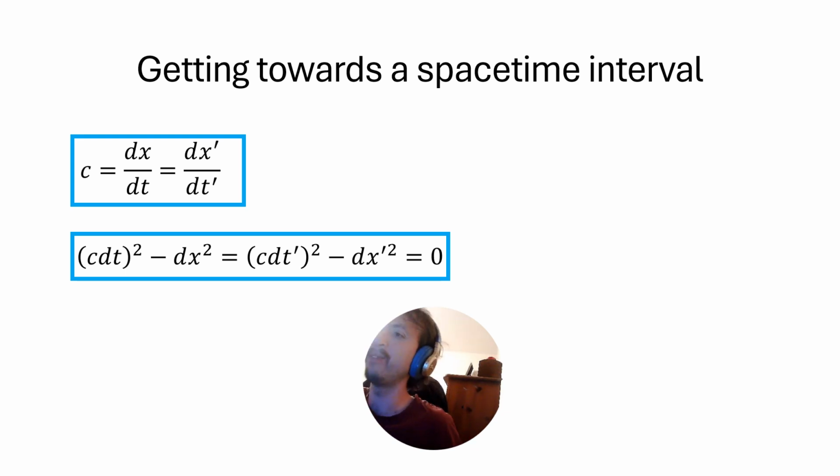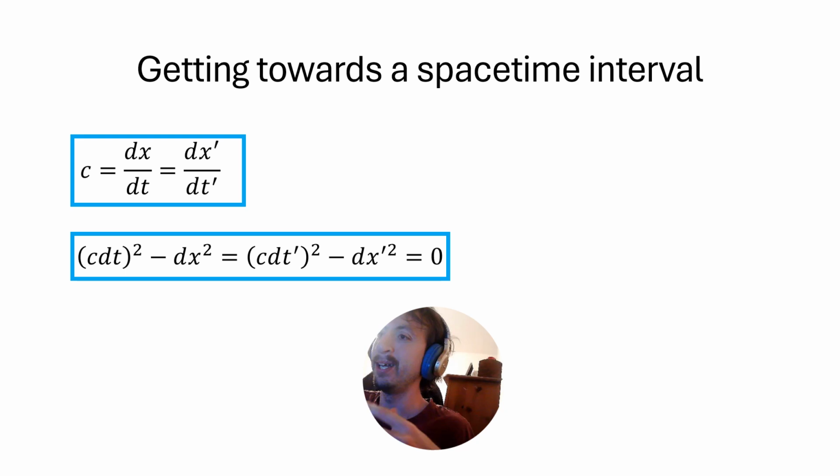And when I say an event in space-time, I mean something that happens at a particular location and at a particular time. So if we define the space-time interval as an expression of a time-like component squared minus a space-like component squared, then for light, at least when we're defining the space-time interval in terms of light's motion, we're always going to get zero.